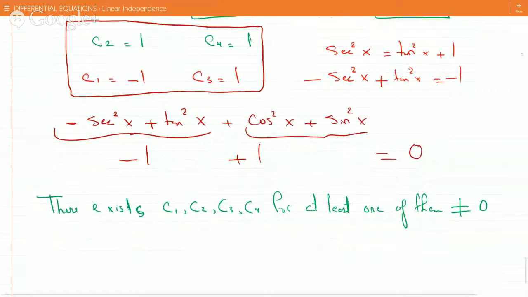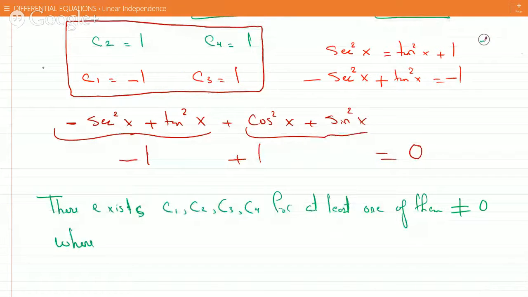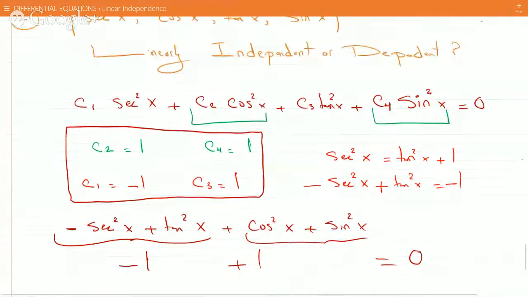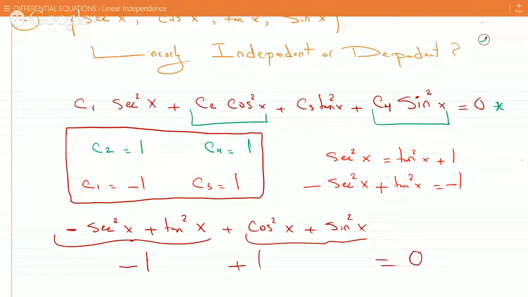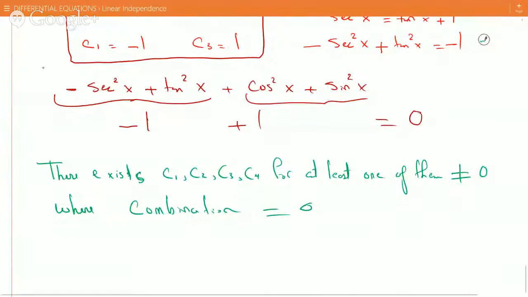At least one of them doesn't equal 0, where the combination led to 0. By the combination, I meant summing them up. By the combination, I meant equation star.